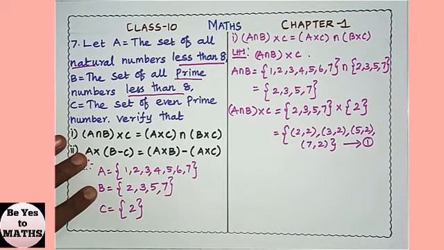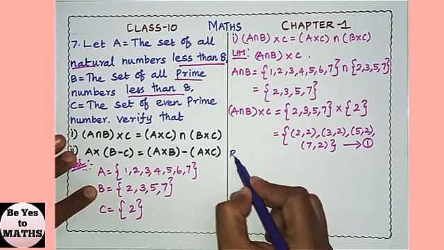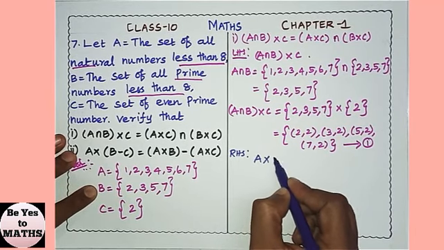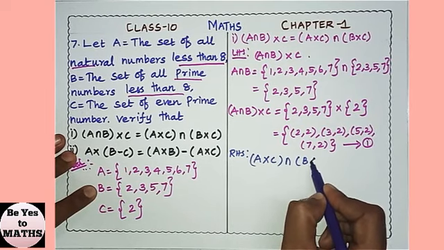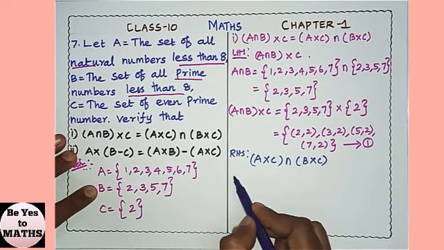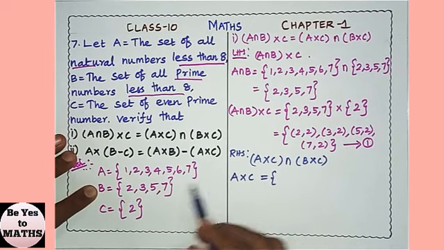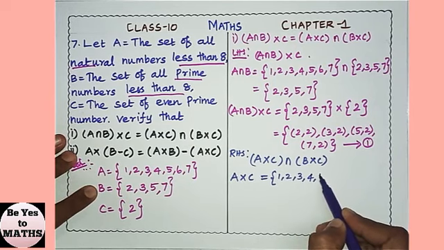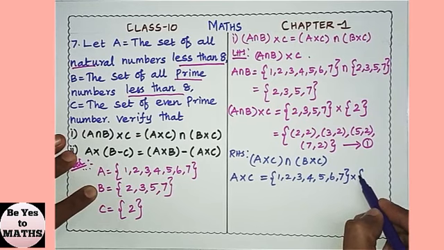Now we'll go for the right side. Right side we have (A cross C) intersection (B cross C). First we'll find out A cross C. A set is 1, 2, 3, 4, 5, 6, 7, cross C set is 2.